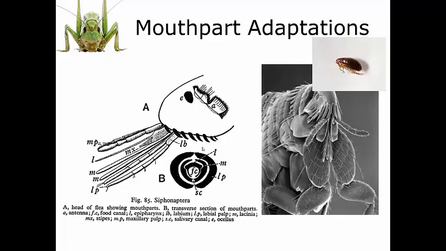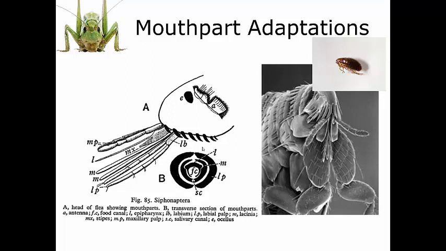The maxillae enclose the labrum laterally and the food canal posteriorly. So they help to form this food canal with the labrum. They're distally serrated. So again, a little bit different from the horsefly that had the mandibles that were serrated or dentate.